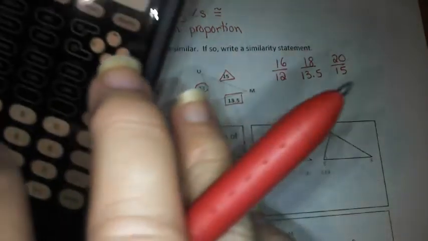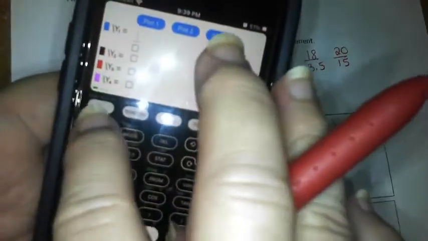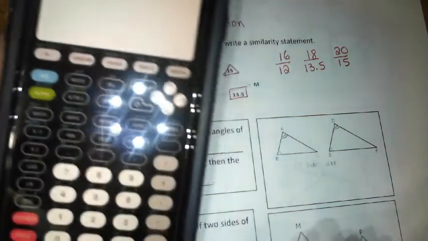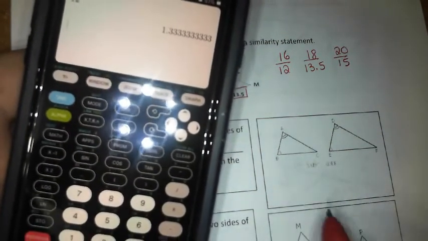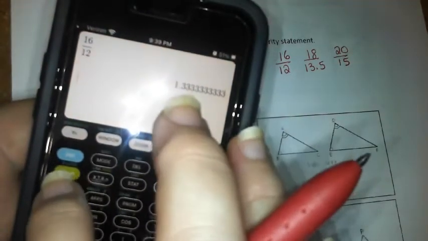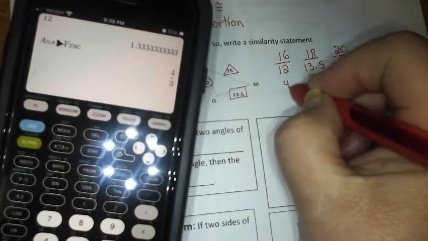Now let's check these ratios if you don't want to do this in your head. I want to write a fraction of 16 over 12. So 16 over 12 is 4/3.